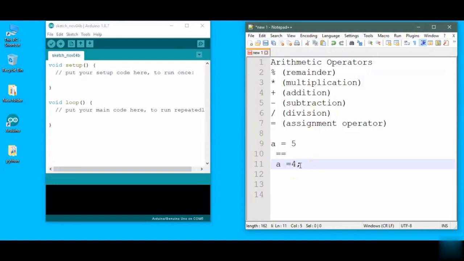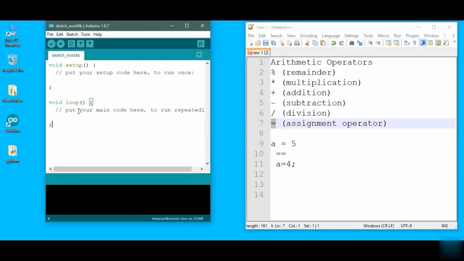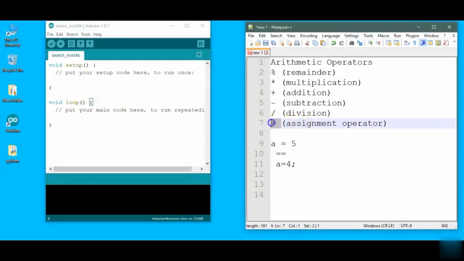So always try to differentiate between single and double equality sign, where double is for equality and single is for assignment. And also sometimes if you put a single operator, that is the assignment operator, for equality, the program will also work, but that is not a perfect statement.